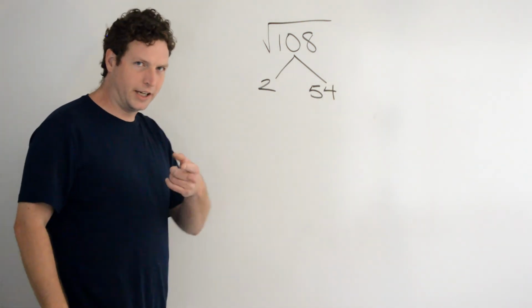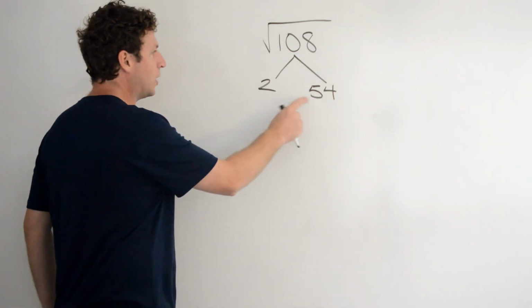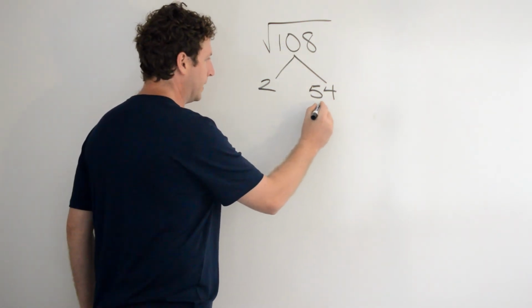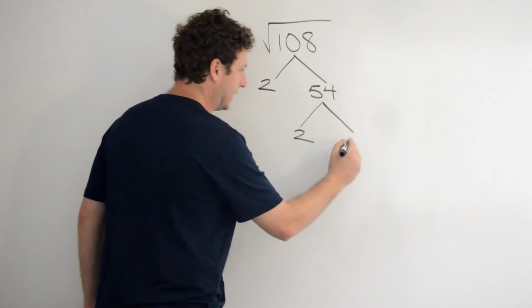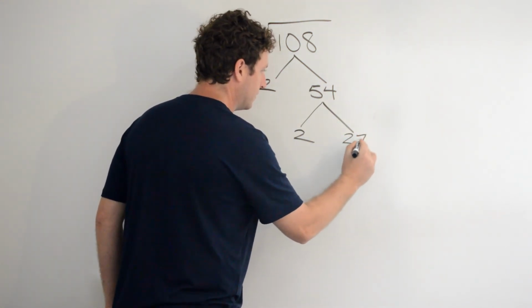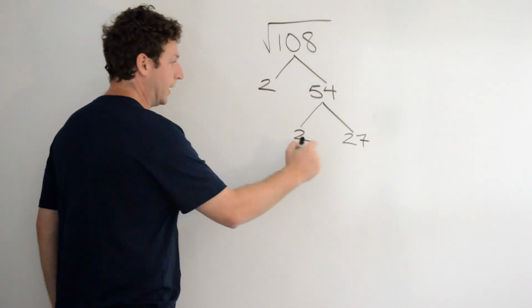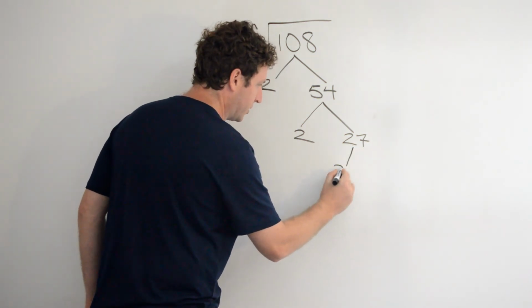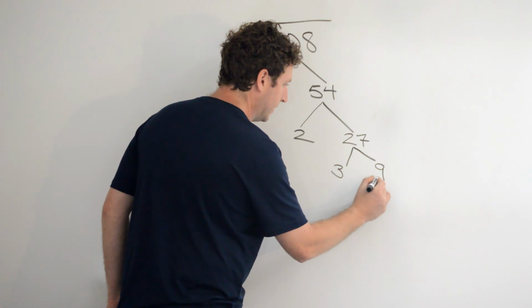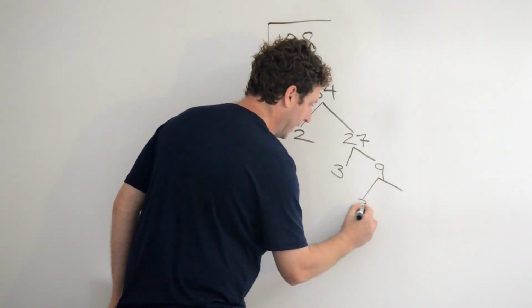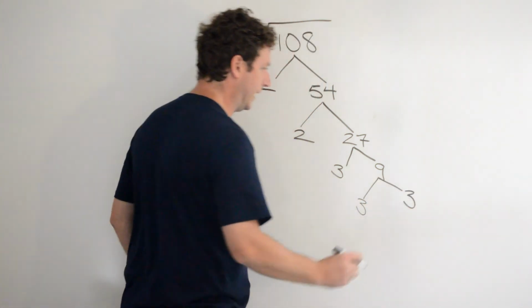It's a factor tree. You remember how to do this. 2 times 54 makes 108. I'll do it again. 2 and 27. 27 is 3 and 9. 9 is 3 and 3.